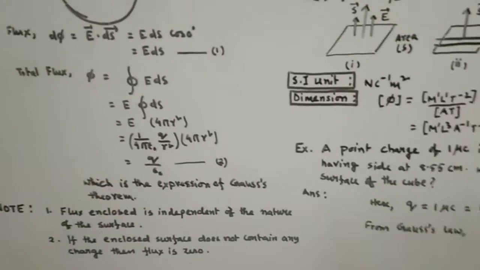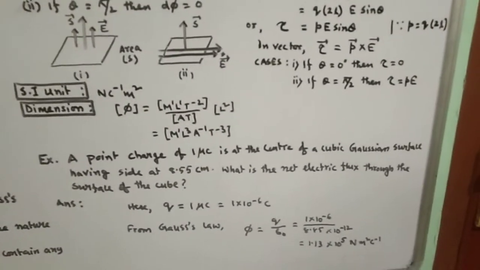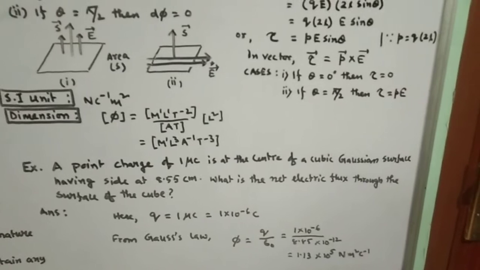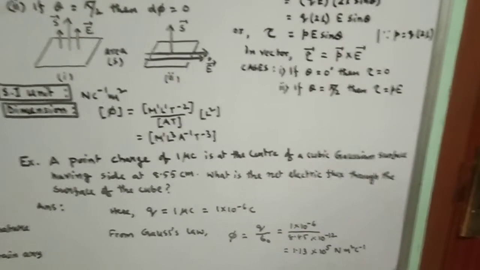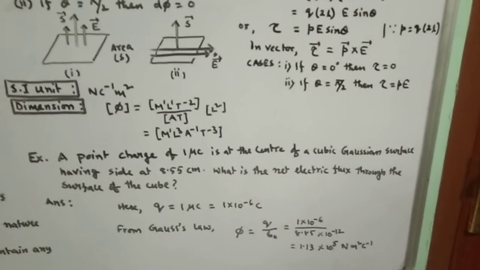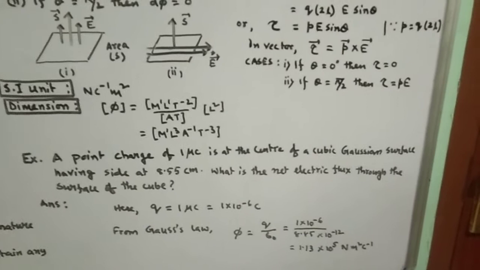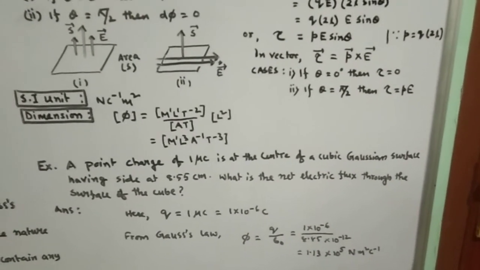So let me try to apply this formula in a numerical. A point charge of 1 microcoulomb is at the center of a cubic Gaussian surface having side 8.55 centimeter. What is the net electric flux through this surface of the cube? So Q equal to 1 microcoulomb is given, so 1 into 10 to the minus 6 coulomb, and from Gauss's law phi equal to q by epsilon naught.